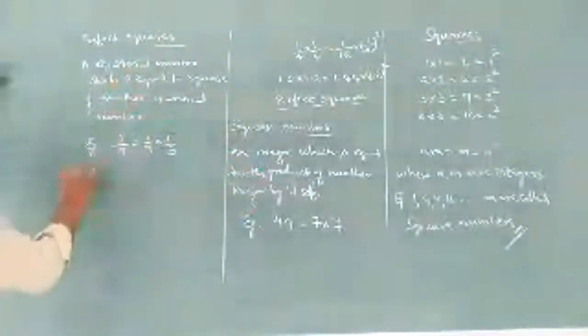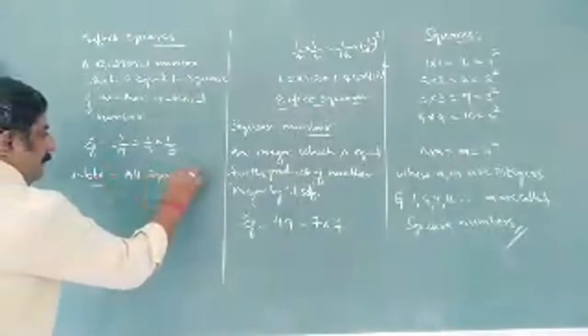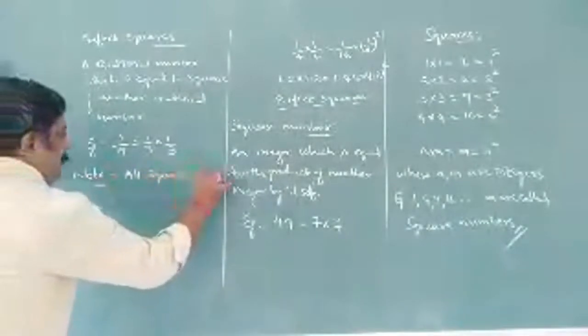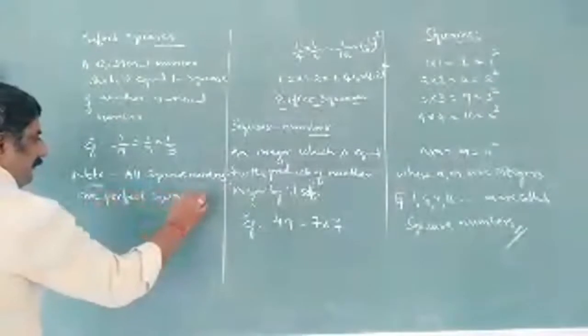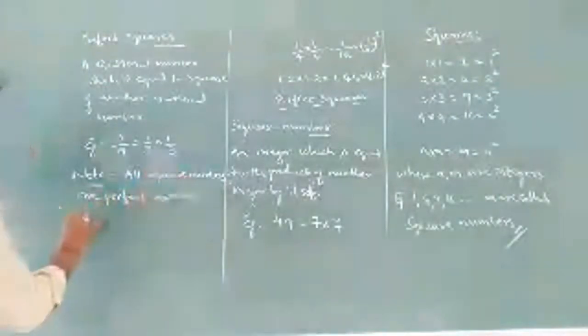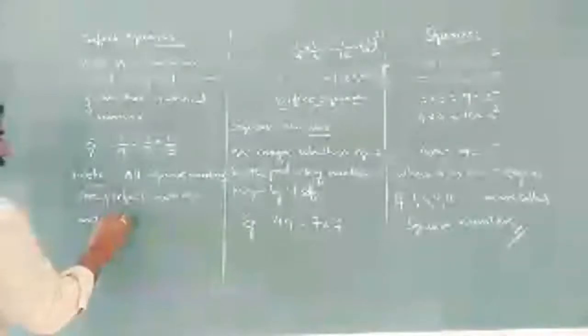So what note can we write here? All square numbers are perfect squares, but not vice versa.